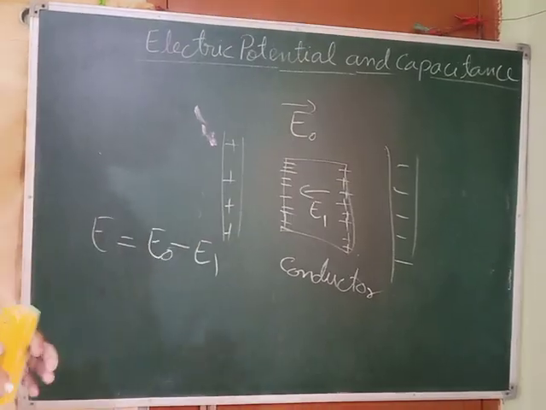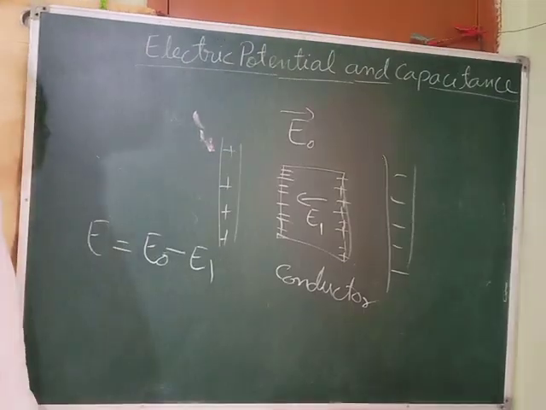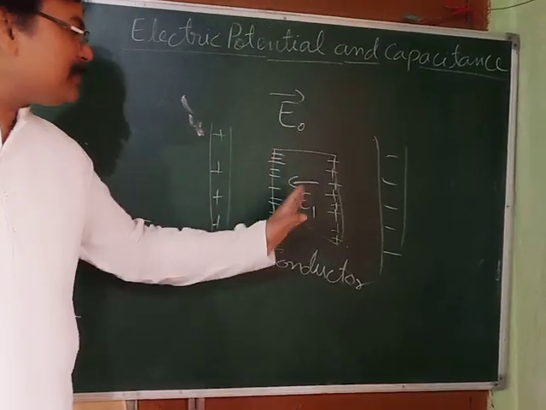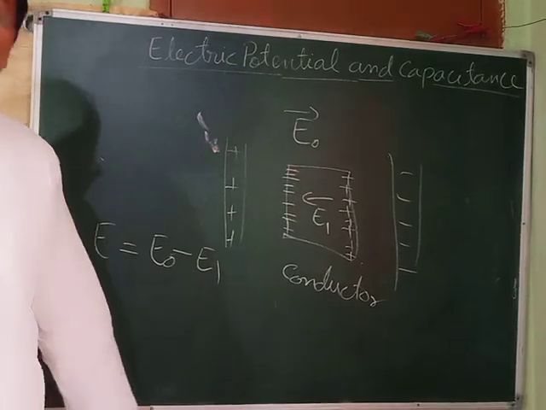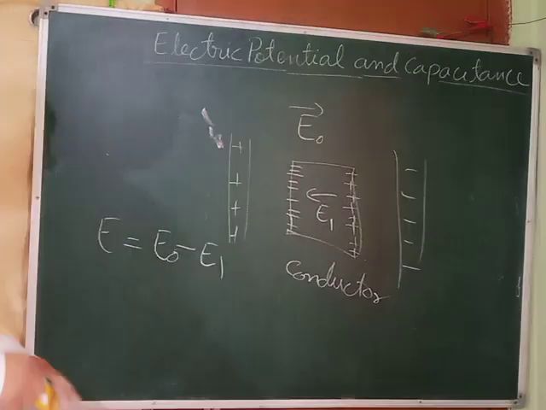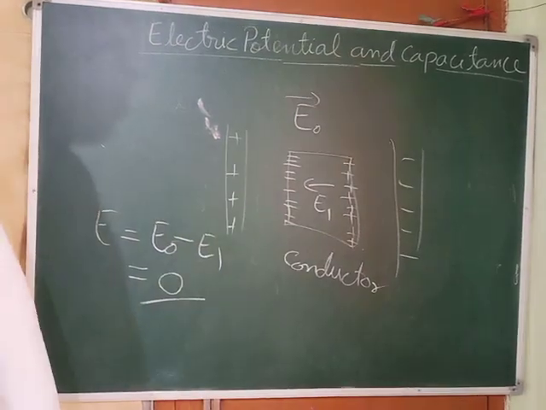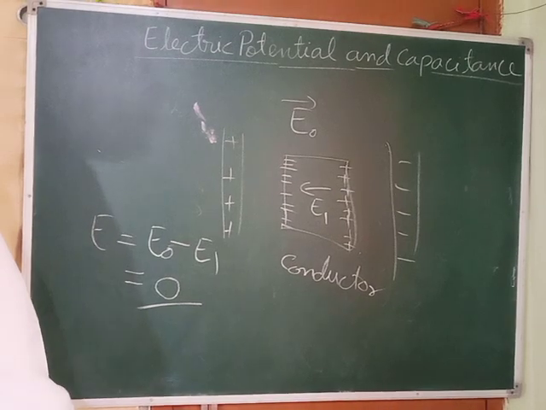And my dear children, let me tell you, this E1 is equal to E naught. The electric field produced inside it is equal to the external electric field, and the directions are opposite. So when you subtract, what do we get? We get 0, and this is called the shielding effect.